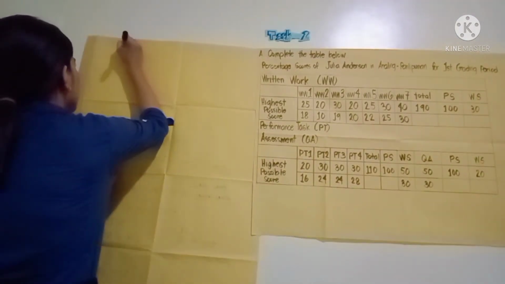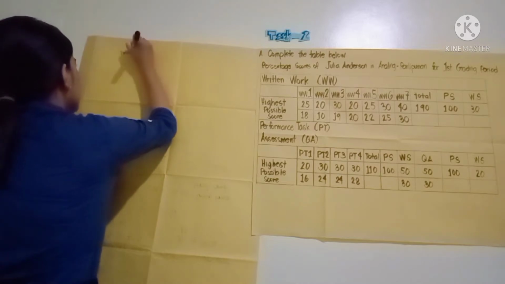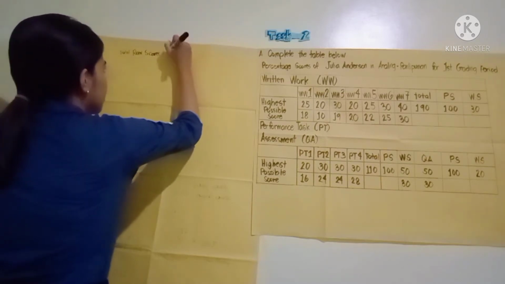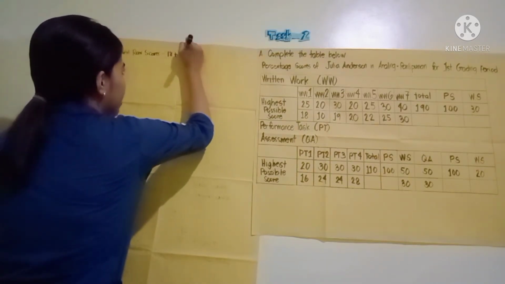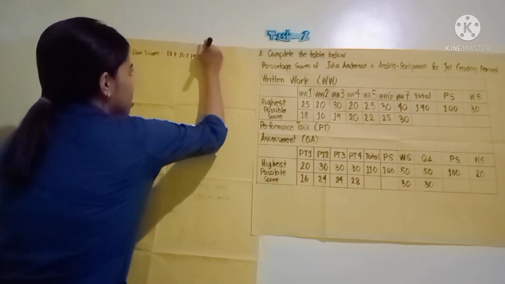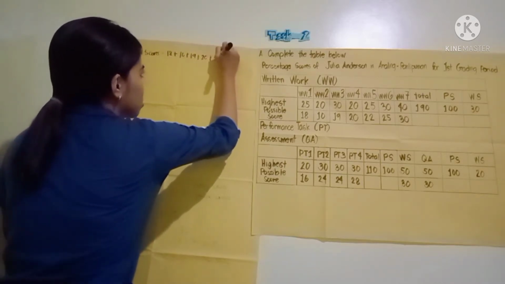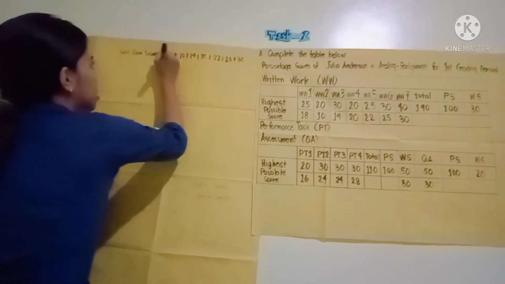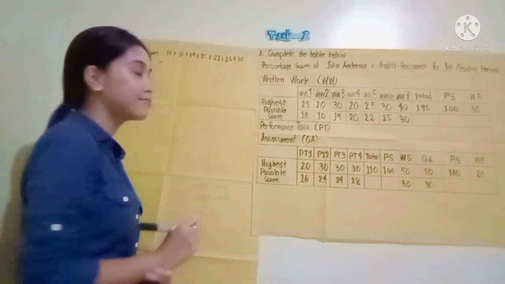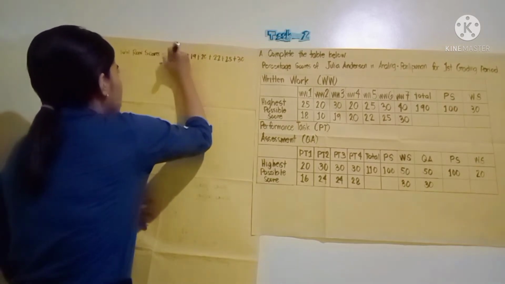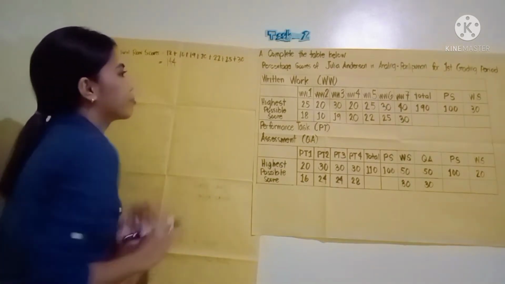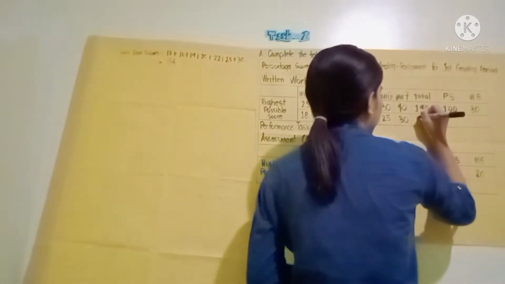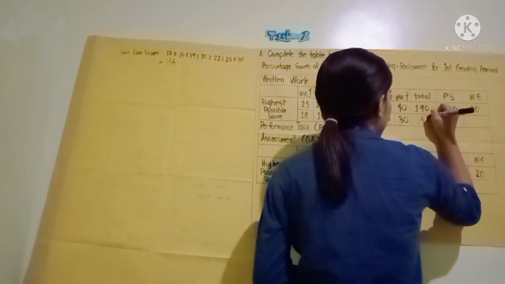So the total raw score equals 10, 19, plus 20, plus 22, plus 25, plus 30 is equals to 144. So Julia's total raw score is 144.